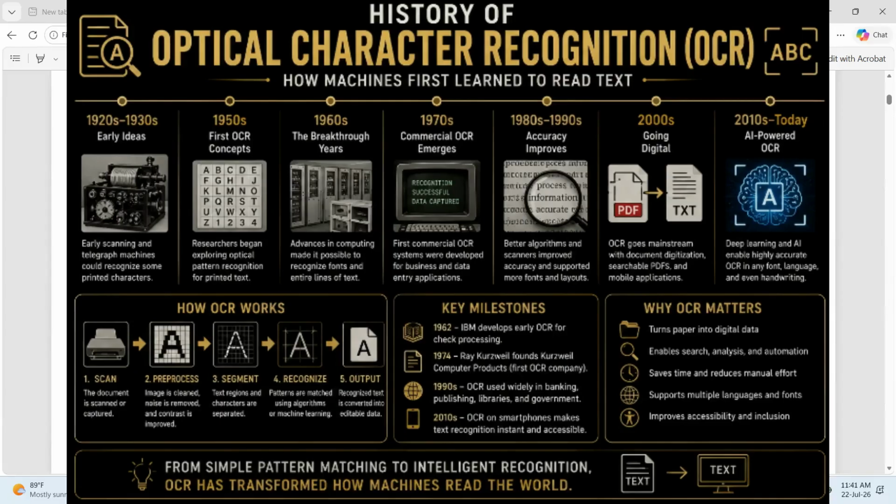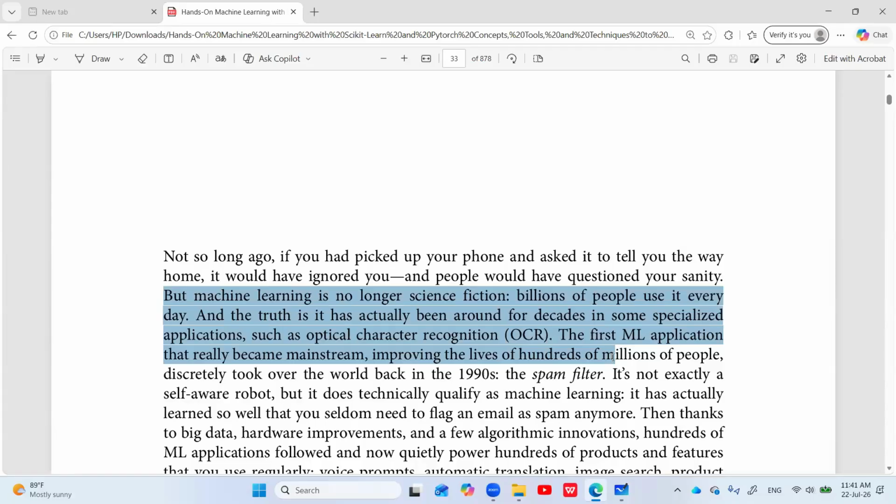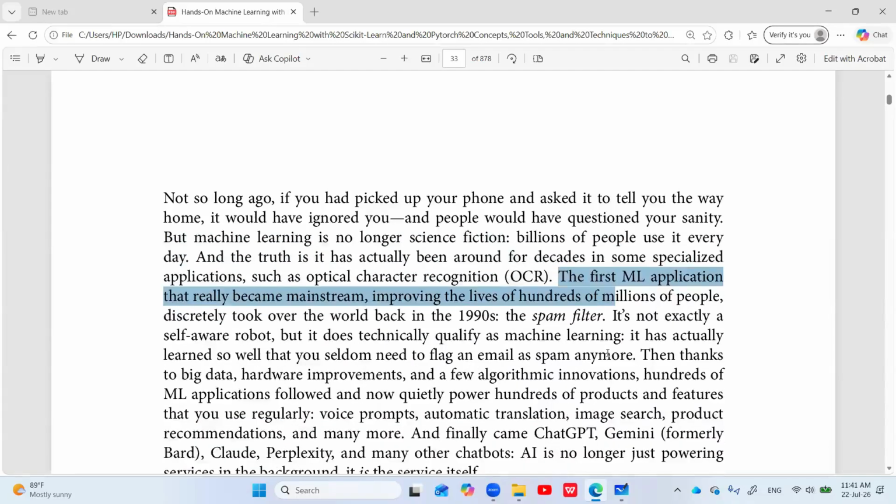And the first ML application that really became mainstream, improving the lives of hundreds of millions of people, discreetly took over the world back in the 1990s.